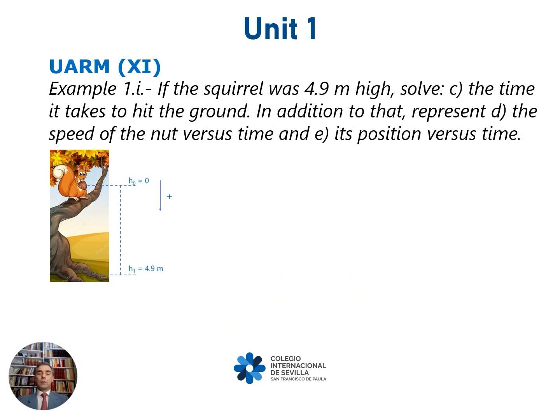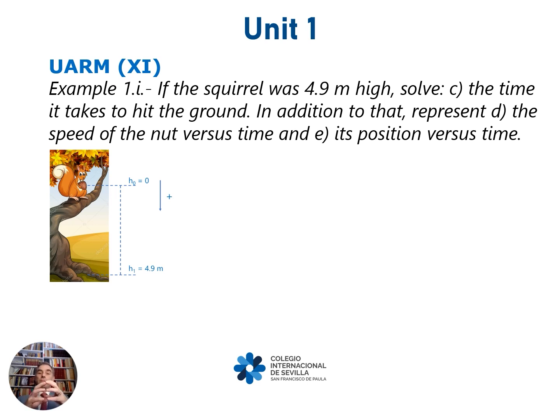Let's now solve the remaining parts of the problem. See the time it takes to hit the ground. Hitting the ground, remember, is reaching position 4.9, which is 4.9 meters beneath the origin of coordinates with positive sign being downwards. We know the expression of position in terms of time because we just found it.